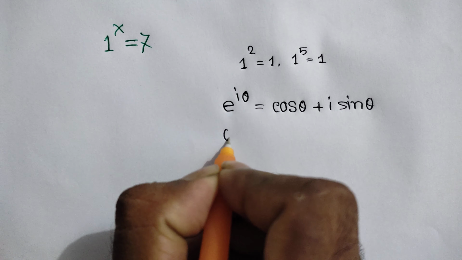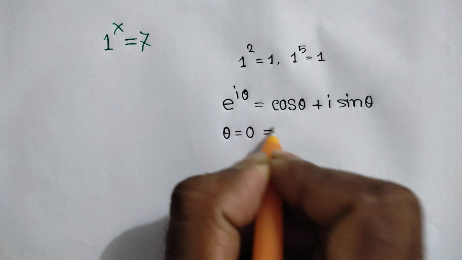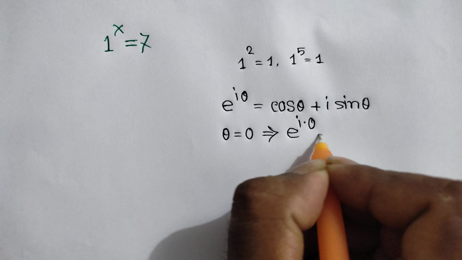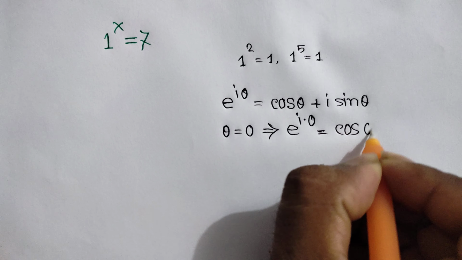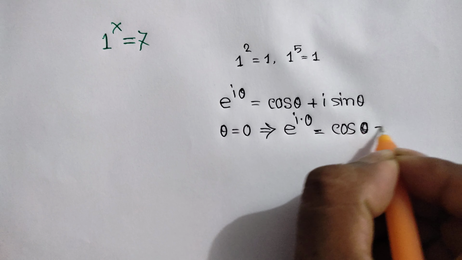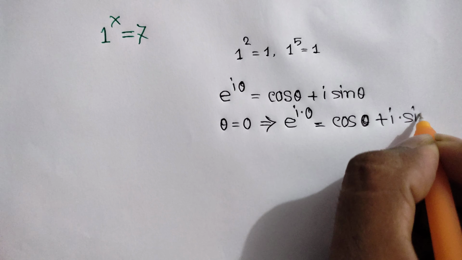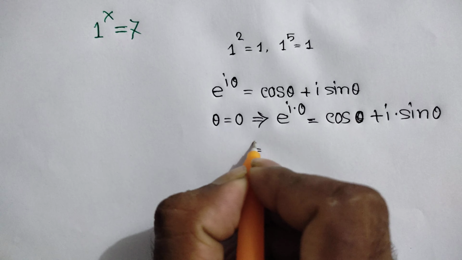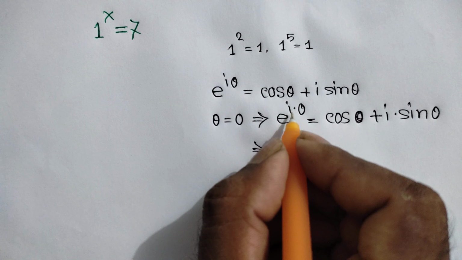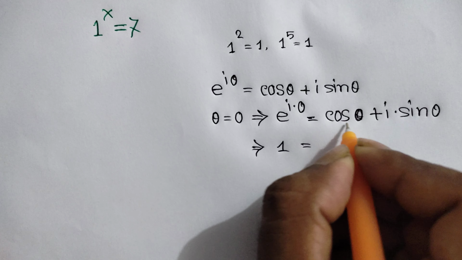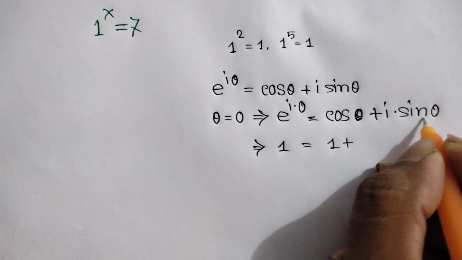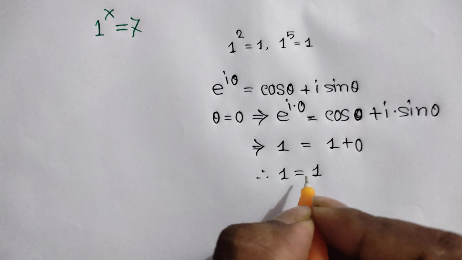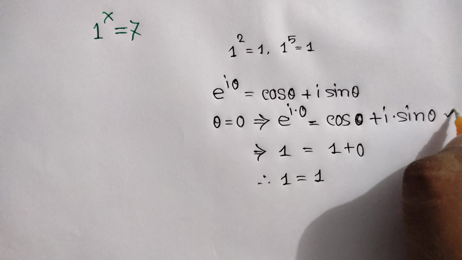For theta is equal to 0, we can write here e to the power i times 0 is equal to cos 0 plus i times sin 0, or e to the power 0. We know e to the power 0 is equal to 1, which is equal to cos 0, which is 1, plus i sin 0, which is 0, so 1 is equal to 1. So this identity perfectly works.